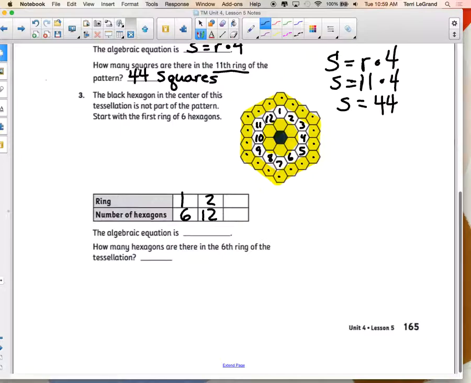So go all the way through figuring out what would the algebraic expression be after you get your table filled out. Then what would the algebraic equation be? And lastly, how many would there be in the sixth ring of this pattern that has hexagons?